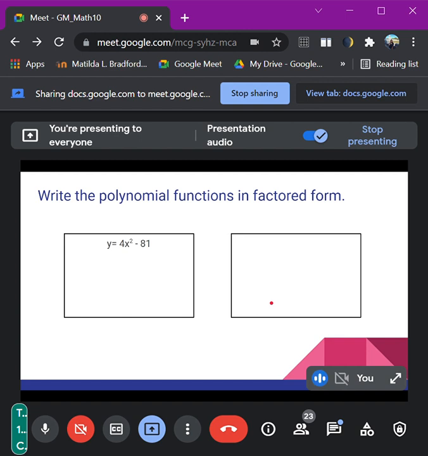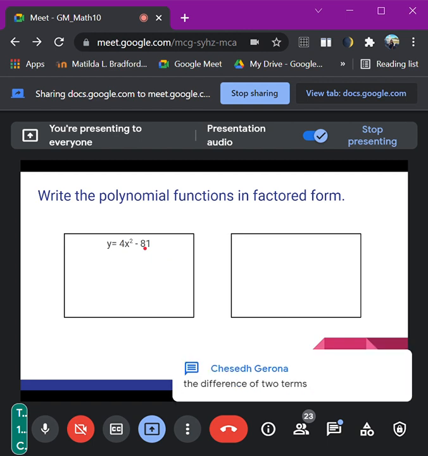So, both are perfect squares, and you can see that the operation is a difference, or subtraction. So what could it be? The difference of two terms. Okay, close.